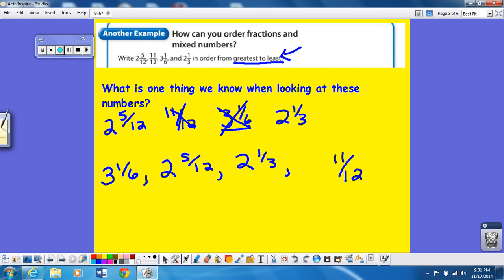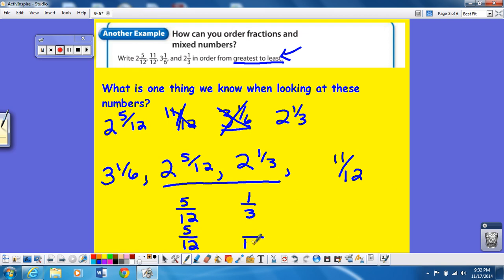Now let's go back and look at these 2 numbers that we worked with by themselves. We said both whole numbers were 2, so we know they both have the same whole number. So we basically had to look at just the fractional part. So we had 5/12 and 1/3. I want to show you the common denominator as well. 3 goes into 12, so I'm going to leave 12. Anytime you can leave your denominator the same on one side, that's awesome.